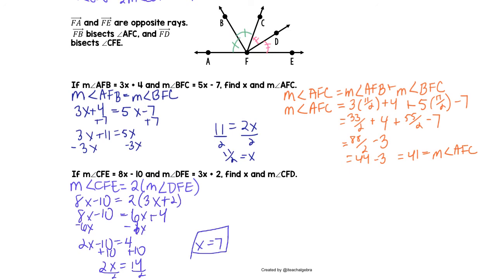It's halfway there. Now we want to know CFD. So the measure of angle CFD is equal to the measure of angle DFE. So the measure of angle CFD is equal to 3 times 7 plus 2.